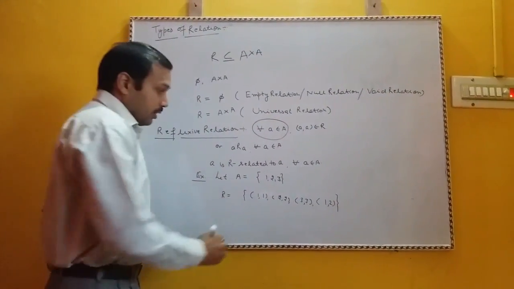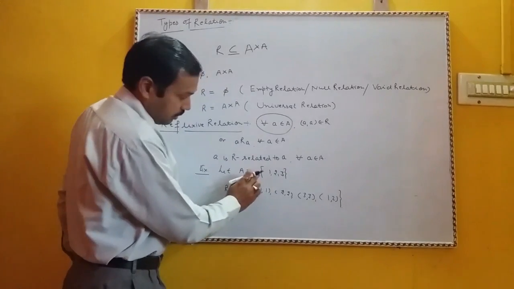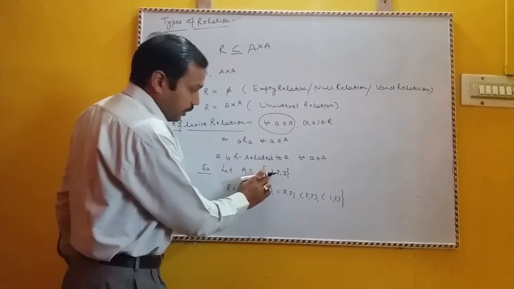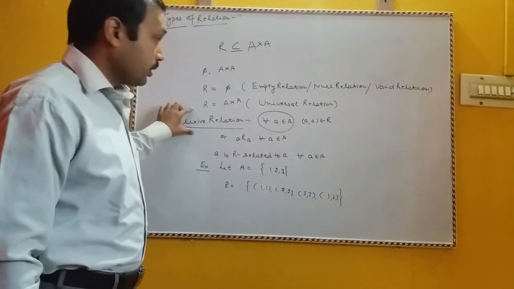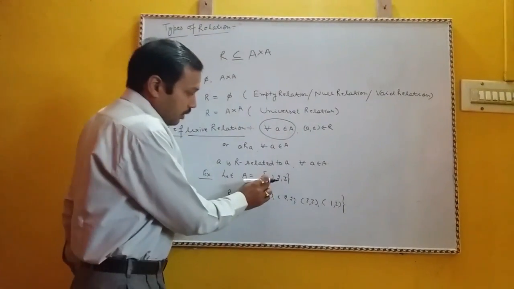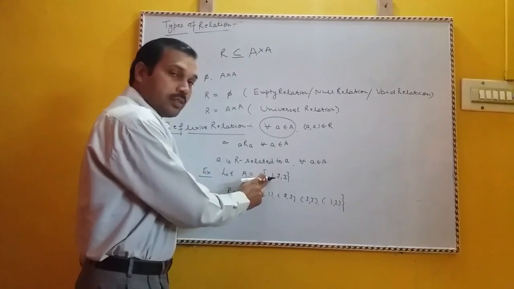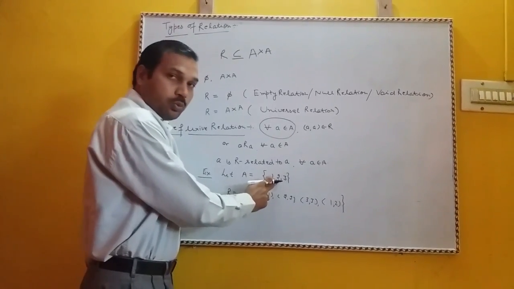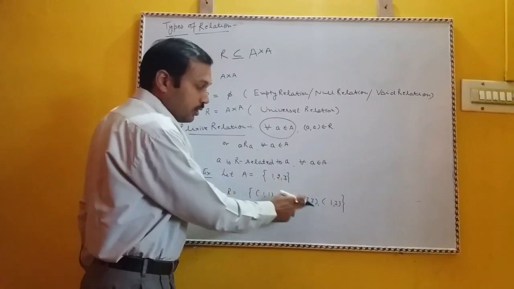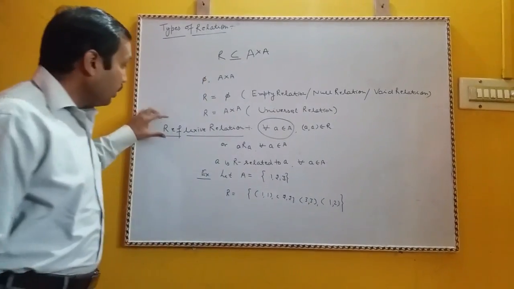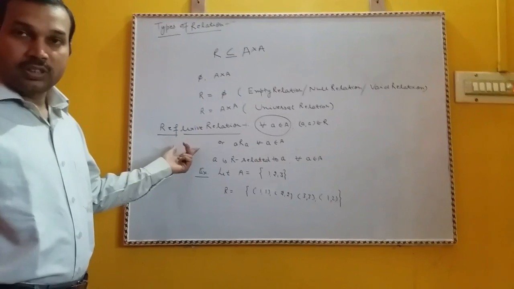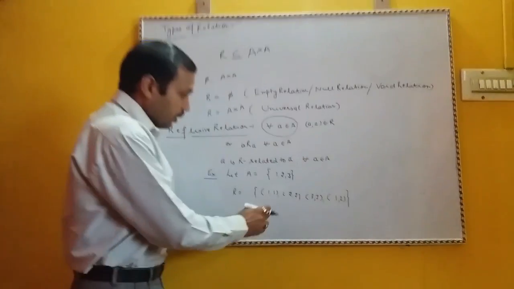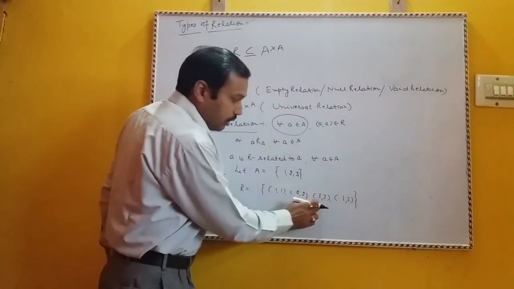Now we can see that here elements of A are 1, 2 and 3. So by the definition of reflexive relation, we must have image of 1, 1, image of 2, 2, and image of 3, 3.